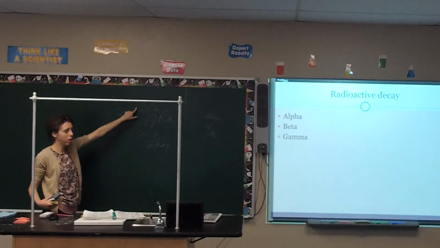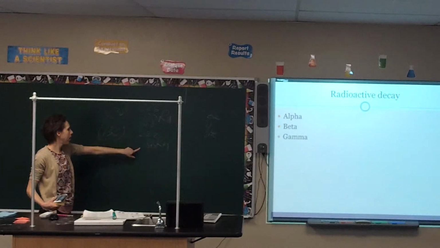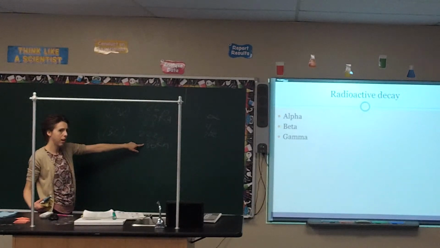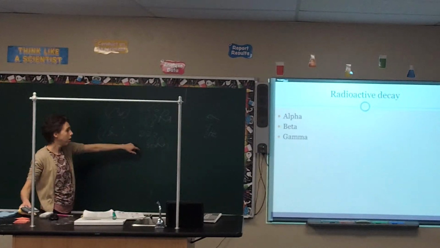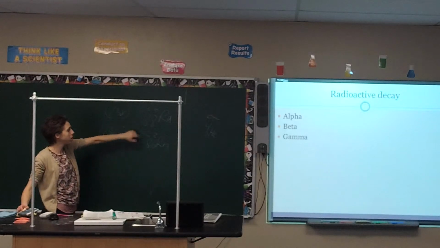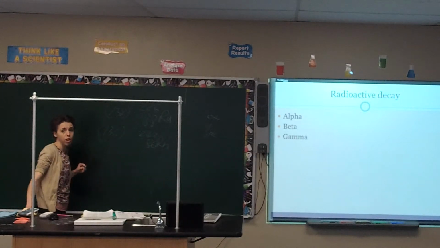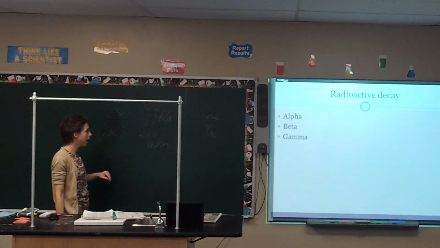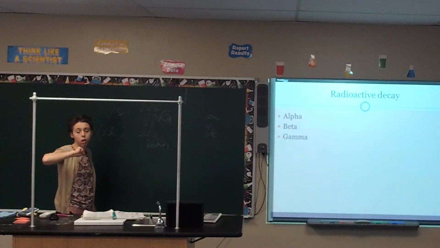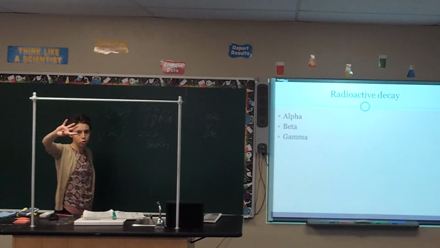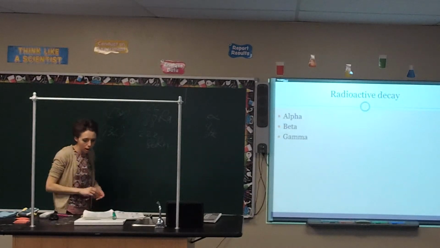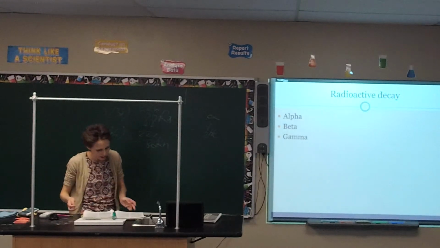So its mass number dropped by 4. This one has 86 protons. So going from this substance to this one would be an example of an alpha decay because it lost 2 protons and lost 2 neutrons, so it had a drop of a mass number by 4. So make a note of that for alpha decay.